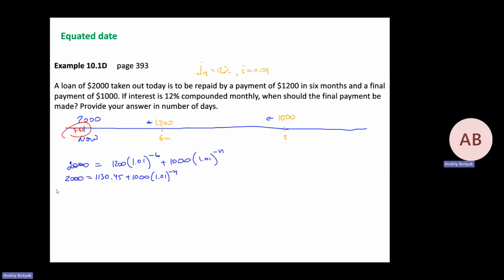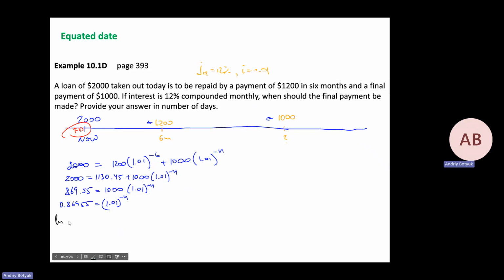Now transfer that to the other side. Course algebra, change sign, yada yada. We all remember that, right? Now I need to divide both sides by 1,000 and create a logarithmic equation.